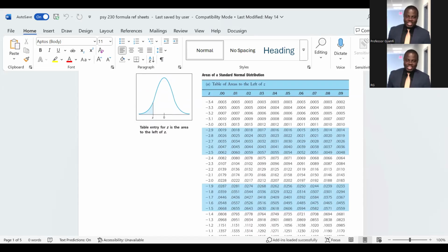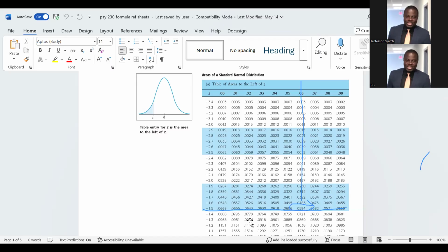So that is negative 1.5, right there. And then the 0.06 is going to be here. So this brings me to that.